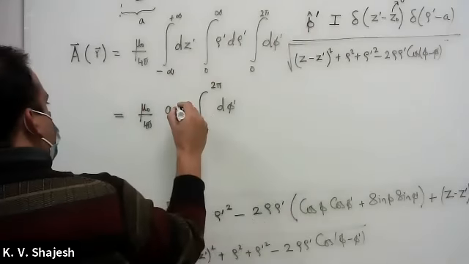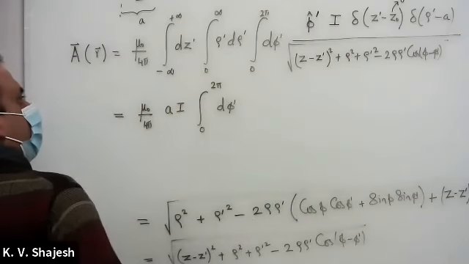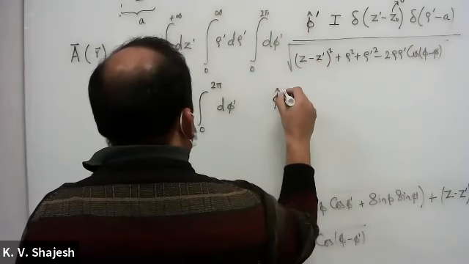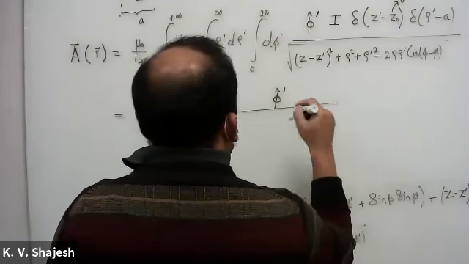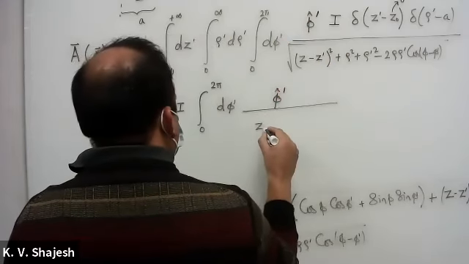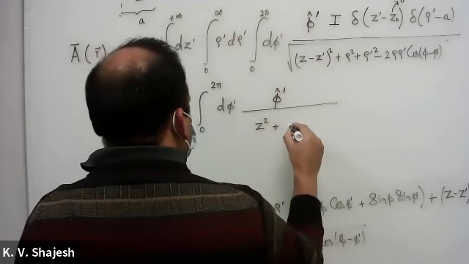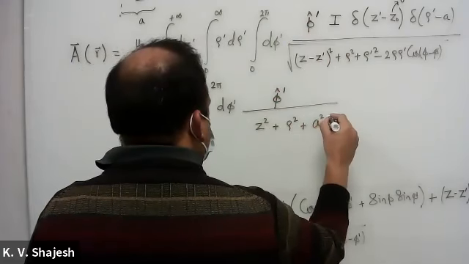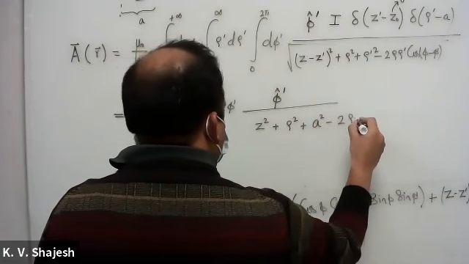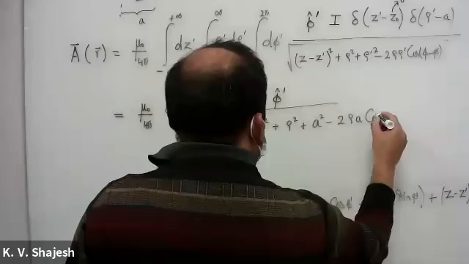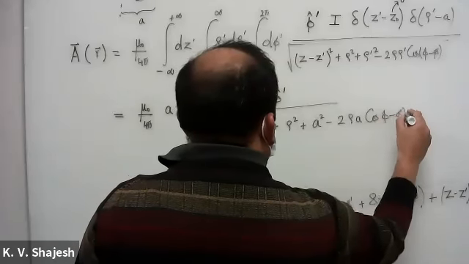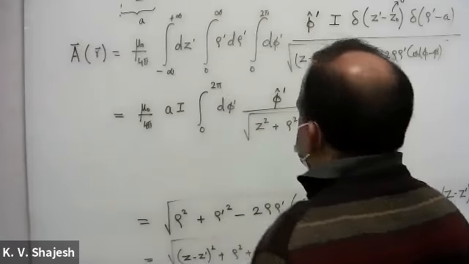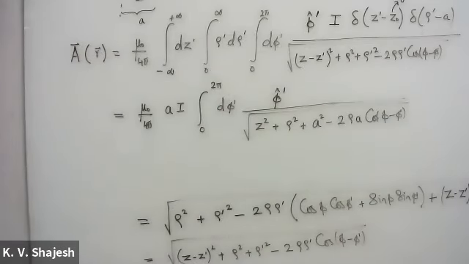I pull the I out, and whatever is left in the numerator is simply d phi prime divided by z squared plus rho squared plus, rho prime is a now, a squared minus 2 rho a cosine of phi minus phi prime. And I need to do this integral.